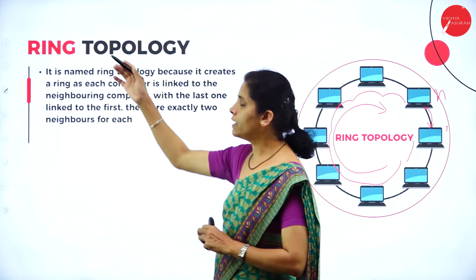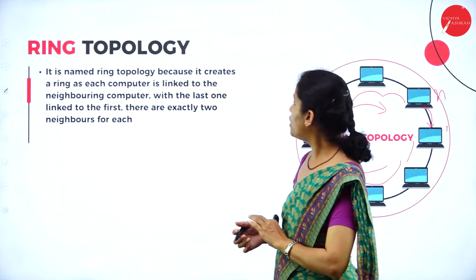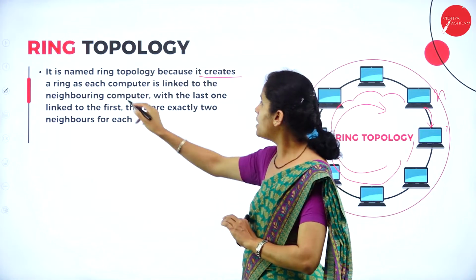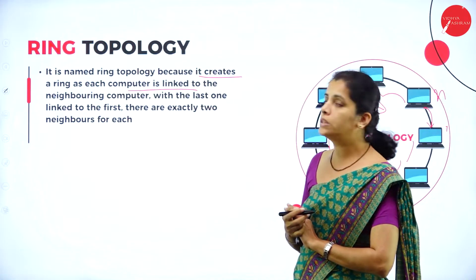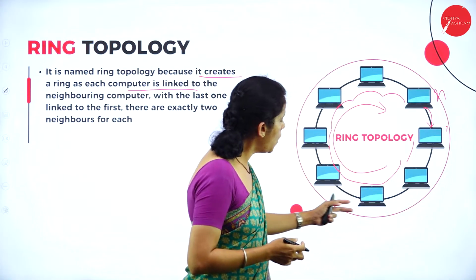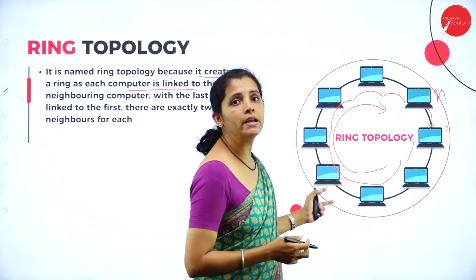As the name itself indicates, it is a ring, because it creates a ring as each computer is linked to the neighboring computer. See here, all the devices are linked to the neighboring computers.